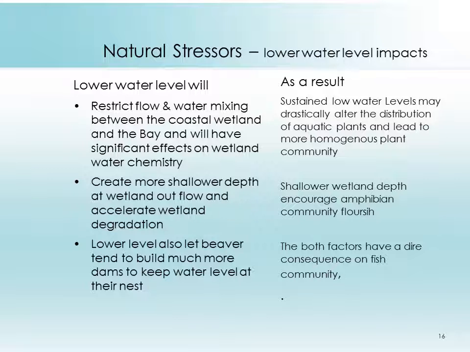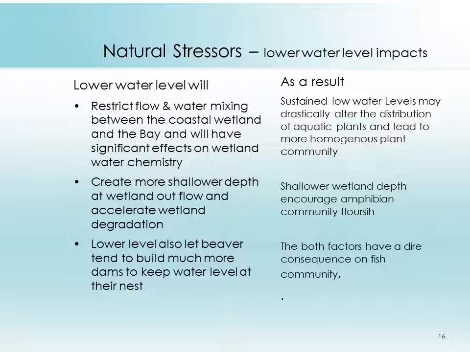Low water level will restrict the mixing of water between Georgian Bay and wetland. It will create more shallow depths at the wetland, and it will encourage the beaver to build many more dams to keep the water level.